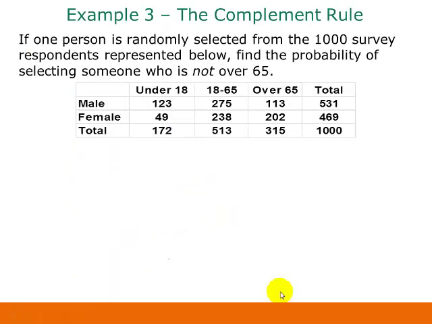Here's one more example. If one person is randomly selected from our 1,000 survey respondents, find the probability of selecting someone who is not over 65. So again, the word not usually signals a complement.